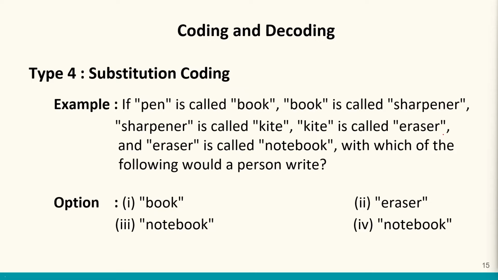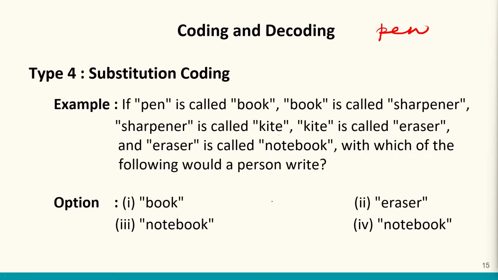Then we have substitution coding. Okay, so in this question, it is said that pen is called book, book is called sharpener, sharpener is called kite, kite is called eraser, eraser is called notebook, and we have to find out with which the person would write. So if we follow the logic, normally a person would write with a pen, right?